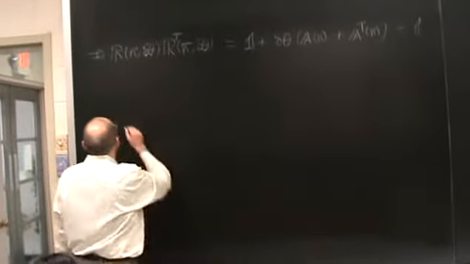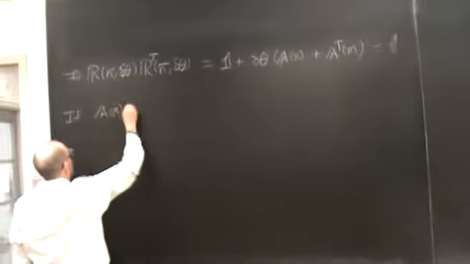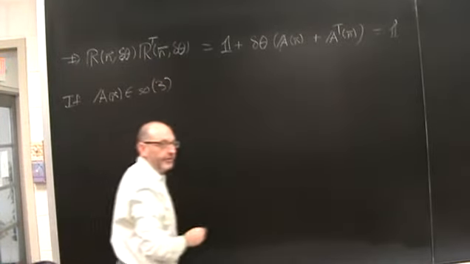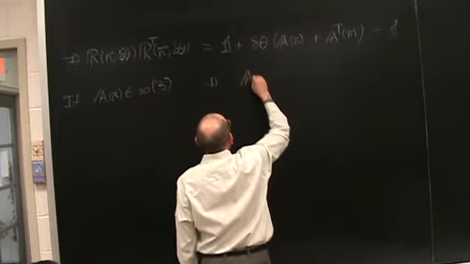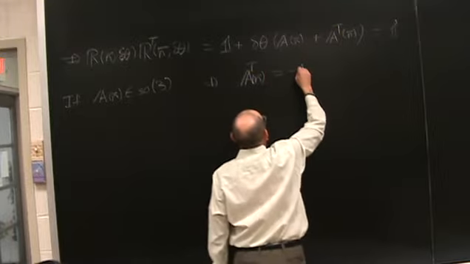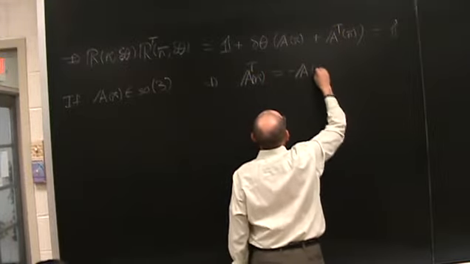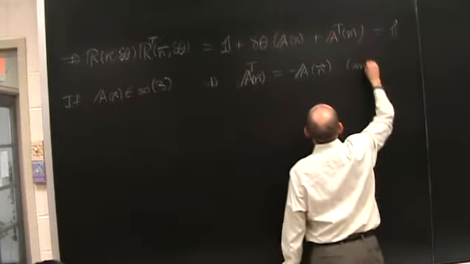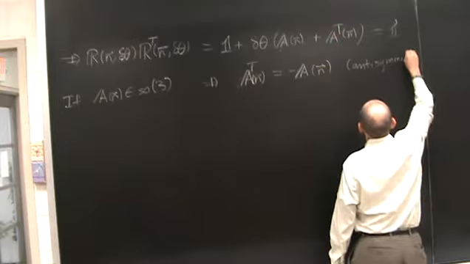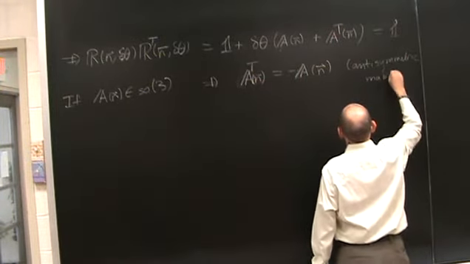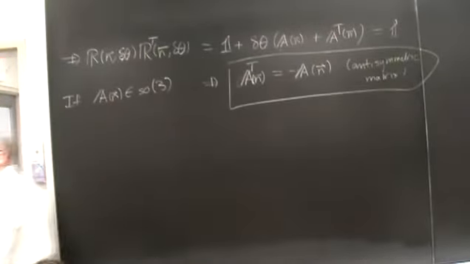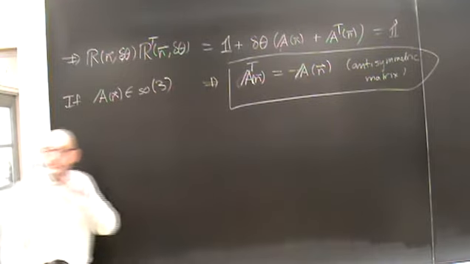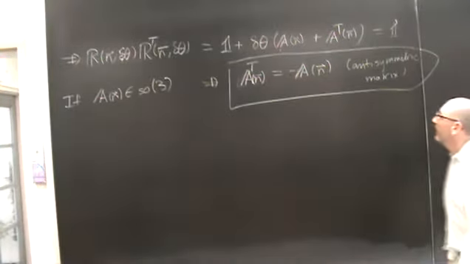So what that tells me is that if this matrix is in the Lie algebra of SO3, then it must satisfy that it is an antisymmetric matrix. So the set of antisymmetric matrices define the Lie algebra.